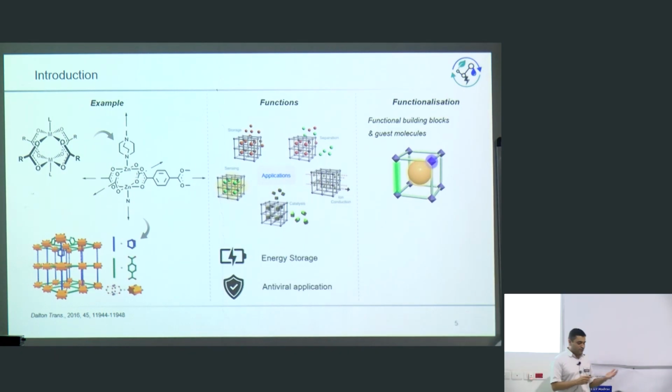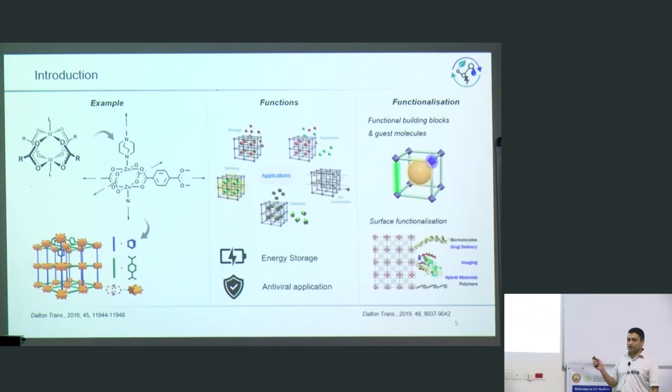But this is about the story of the building units. But what people have now done over the years is you can actually look at MOFs not as individual molecular-level particles, but as bulk powders that form. So they have grain boundaries, they have got crystal structures, they have got single crystals. So at the edge of the single crystal or at the grain boundary of any of these particles, you can actually start functionalizing these surfaces. So these surfaces can be functionalized with things like biomolecules.